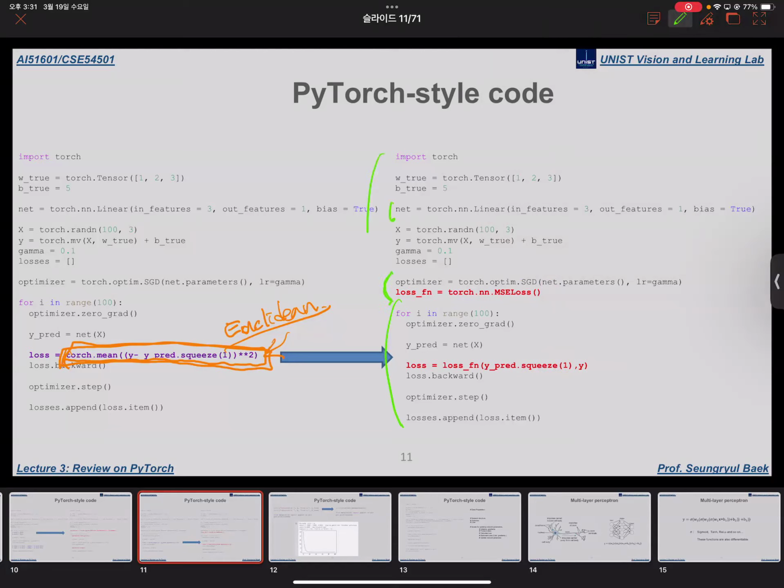This is actually the training code that can be usable for any kind of differentiable layers. Okay, so especially this part, maybe later you will see, and these parts are not changed regardless of the loss function or which optimizer you will use and which architecture you will use.